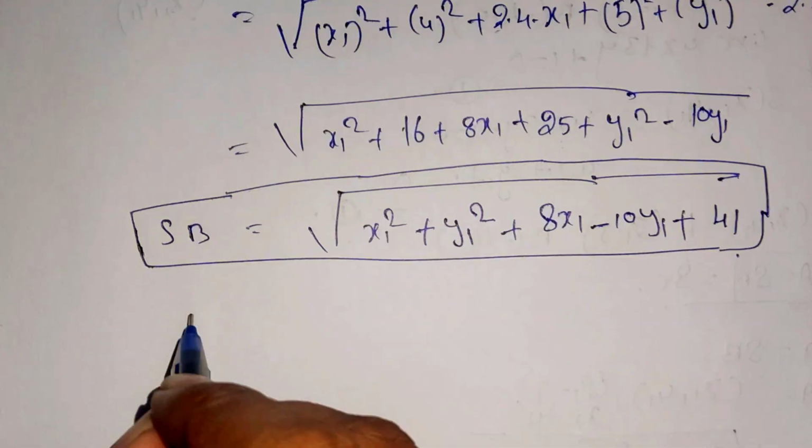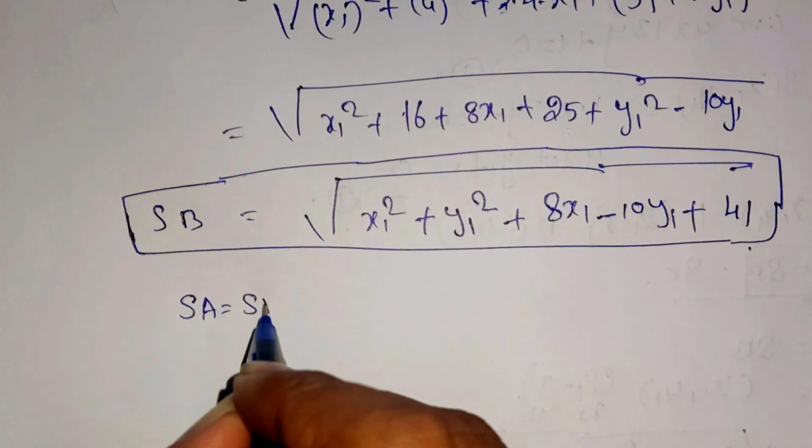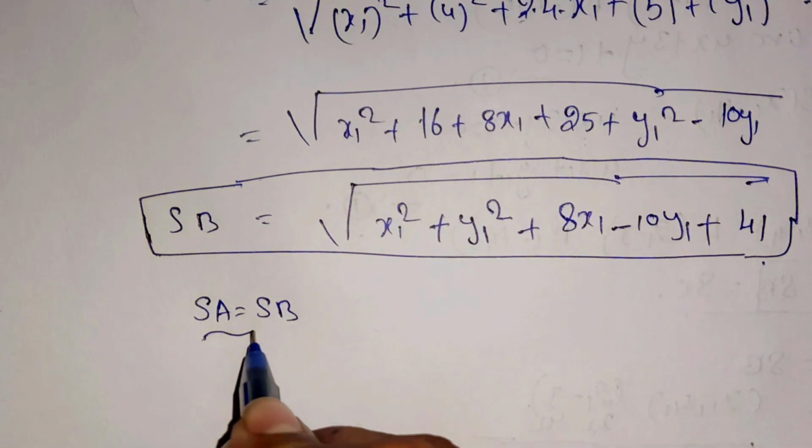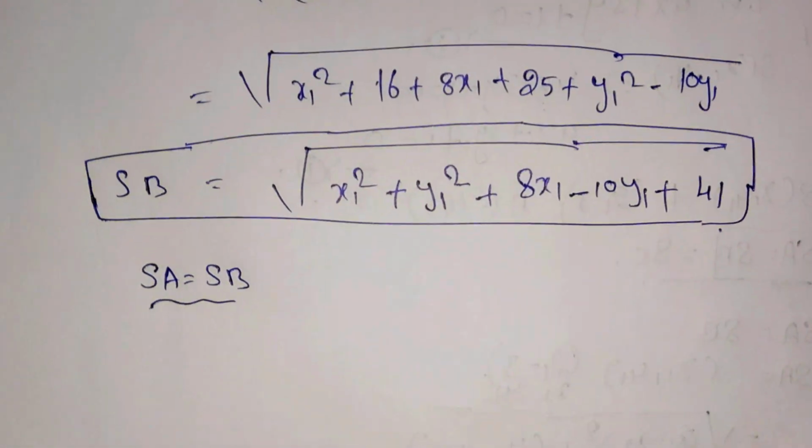So this is the distance between 2 points, SA, and here previously we have SB. Now we already know about the condition. What is that? SA equal to SB. So this is the condition for finding the center.